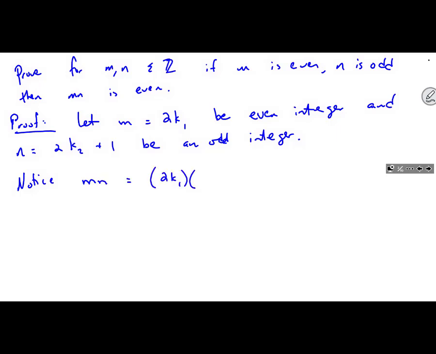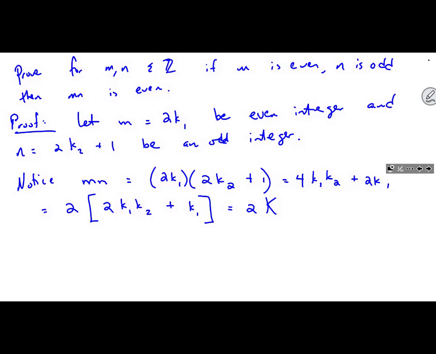This would be 2k1 times 2k2 plus 1, which would equal 4k1k2 plus 2k1, which would equal 2 times 2k1k2 plus k1, which equals 2 times k, with k equaling 2k1k2 plus k1, is even. Therefore, m times n is even.